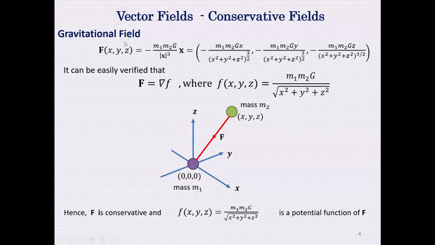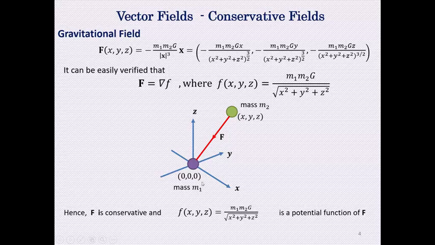Here's a quick example of a conservative field that we all know. We must have learned this in elementary physics. The gravitational field. You take two objects of masses m1, m2 respectively. There will be a force acting on each of them.